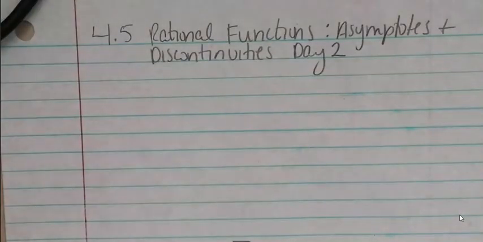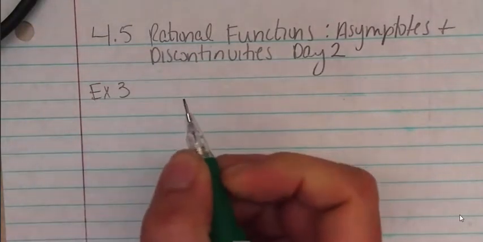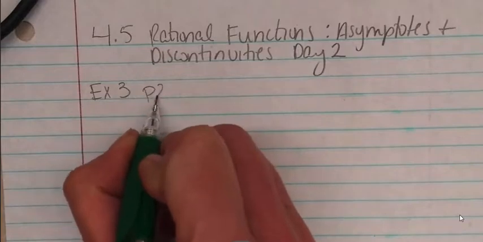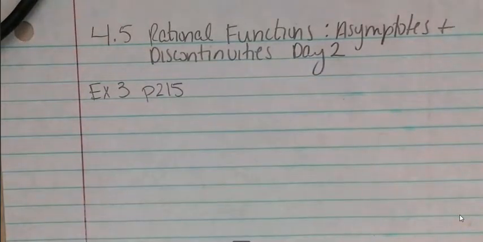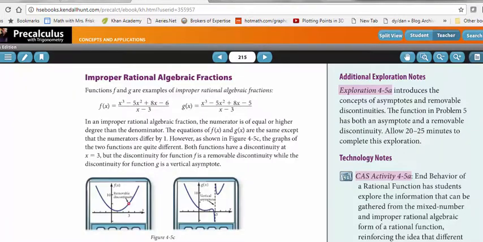Okay? Now we're going to step this up a little bit, and we're going to move on. We're going to do example 3, and example 3 is on page 215. Looking at page 215, we are given two functions, f of x and g of x.